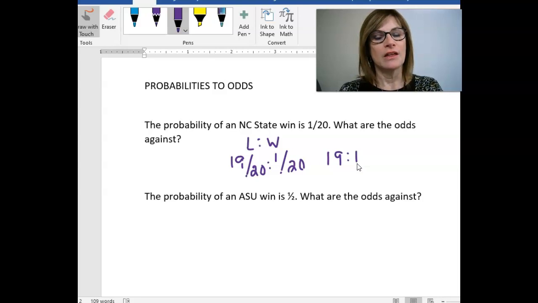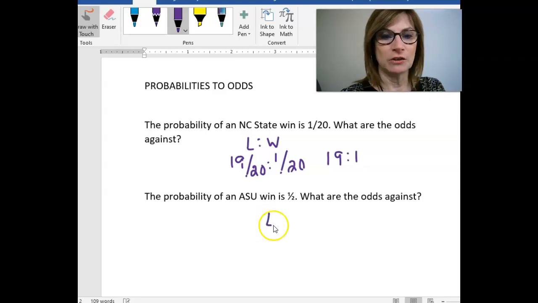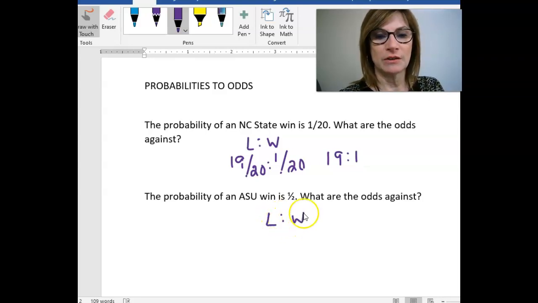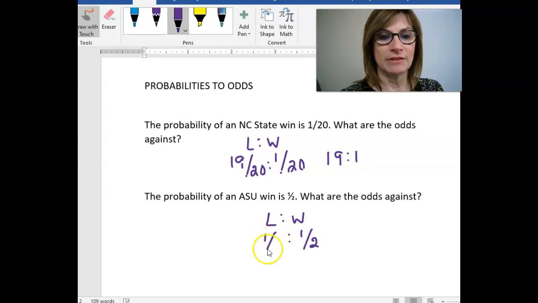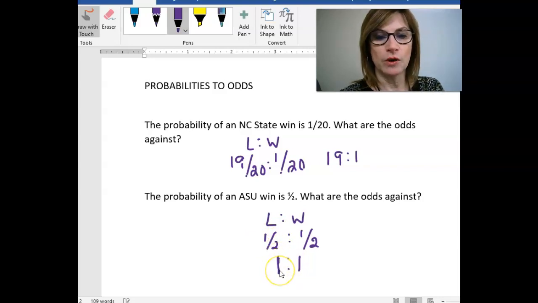Okay. The probability of an ASU win is 1/2. What are the odds against, losing to winning? Okay, they win half of the time. They lose half of the time, and we can reduce that to 1/1.